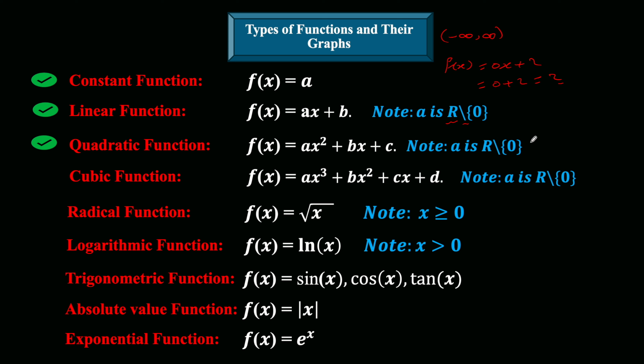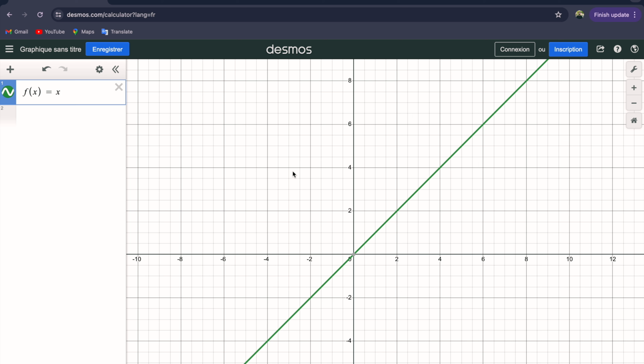It is fine. For example, if we take f of x is equal to x squared plus 0x plus 0, you get x to the power 2, and this is a quadratic function, but we cannot have 0 for a. So let's see that with Desmos.